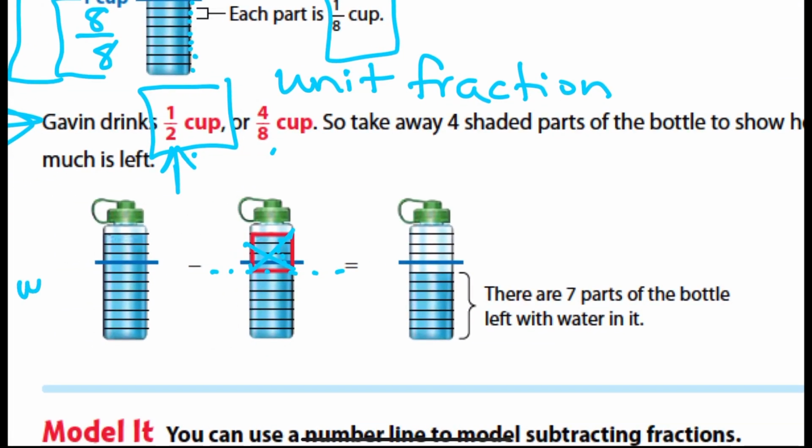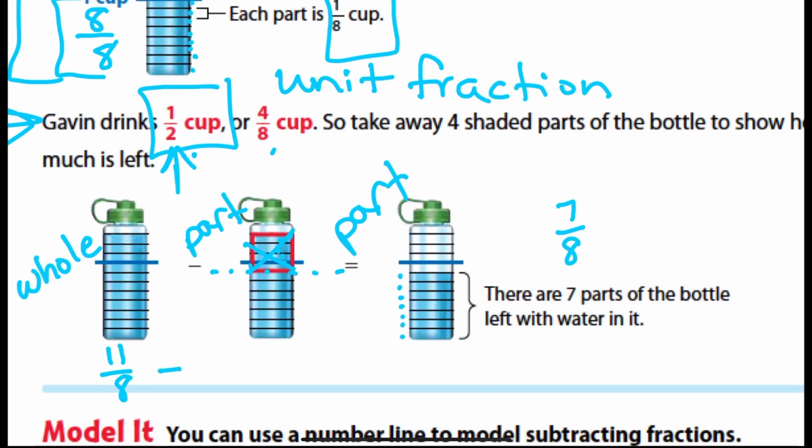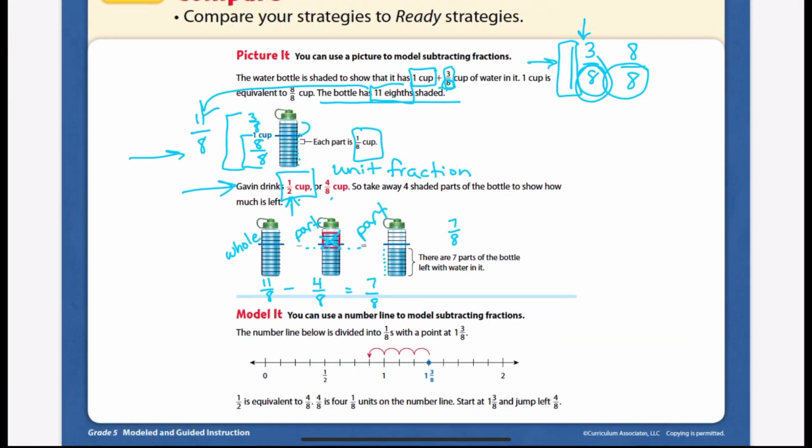So again, we had the whole minus a part is going to give us what is left, the other part. And there are 1, 2, 3, 4, 5, 6, 7, 7/8 left. So we had 11/8 minus 4/8 equals 7/8. If you look, guys, at the whole piece, we have so many equivalent fractions going on. 11/8 is also equivalent to, remember, 1 3/8.